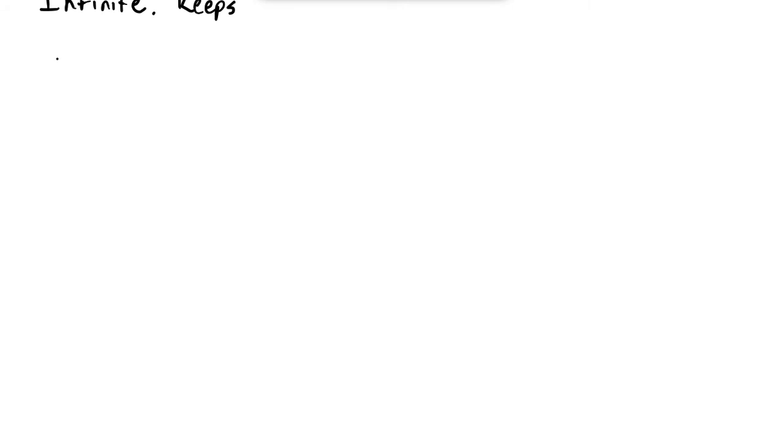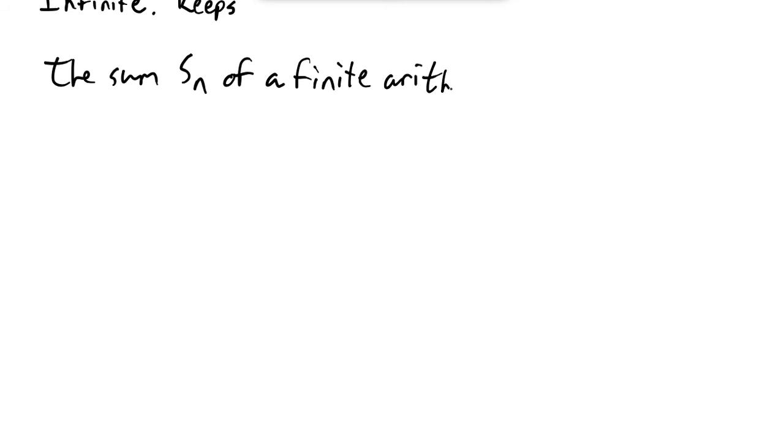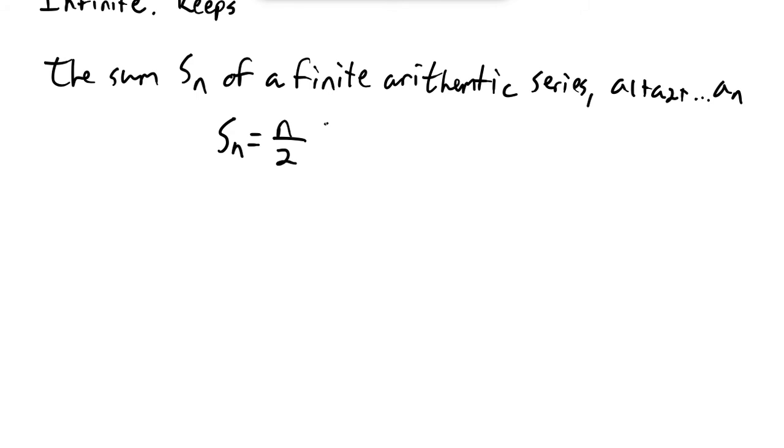The sum, and we're going to write that as big S sub n, of a finite arithmetic series where we have a1 plus a2 plus all the way out to a sub n, is equal to n over 2 times a1 plus a sub n.